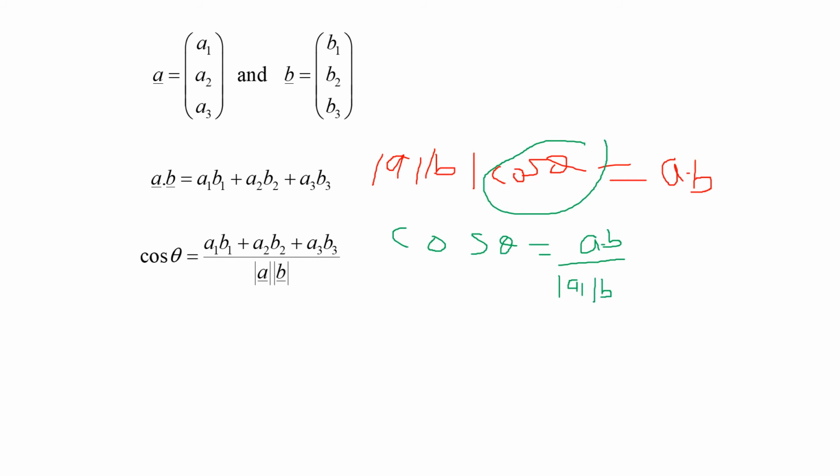We are just rearranging it from the scalar product formula that we learned in the previous slides. If given component form, this is the method to determine the angle between the two vectors given.